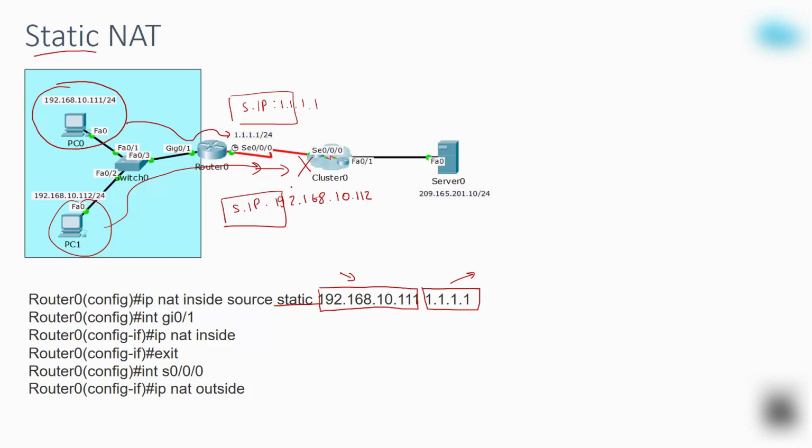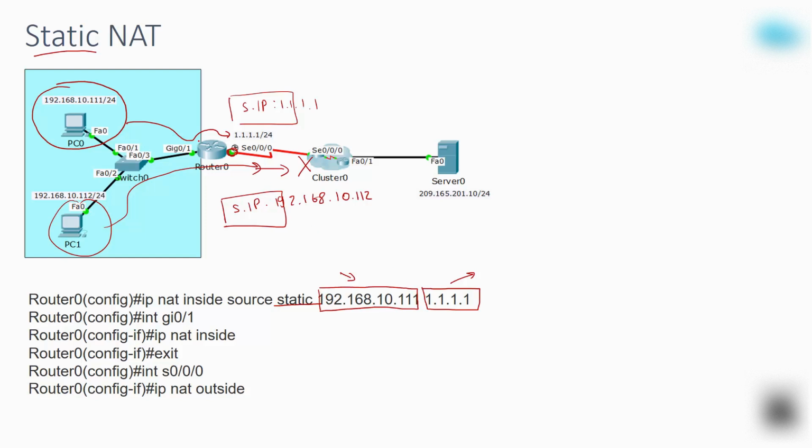It will be destroyed on the internet service provider side, or you can even destroy it on this interface by using an access control list, so that you permit only those packets whose source IP addresses are public, like this. So PC1 will not be able to communicate through the internet, but PC0 will be able to, due to the fact that we configured the static NAT.